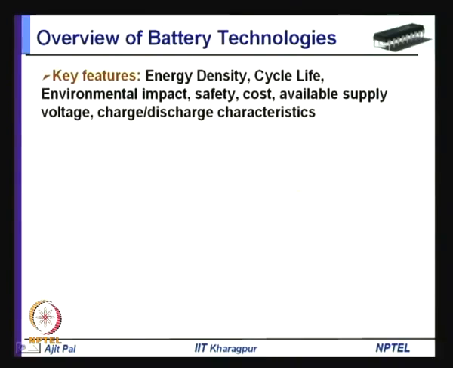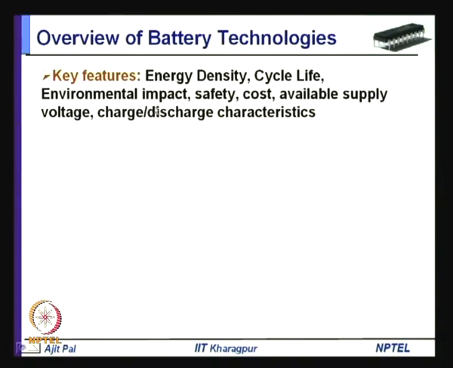For example, a nickel cadmium battery can be charged and discharged maybe 4000 times. So, that means 4000 times the battery can be charged, and obviously it can be used when the discharge takes place. That decides the cycle life, and longer it is better.